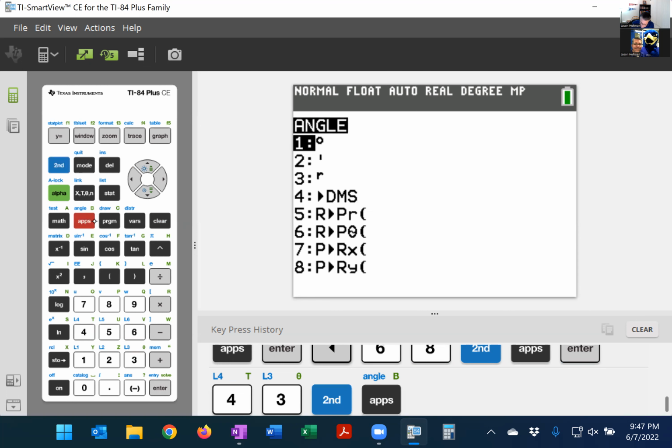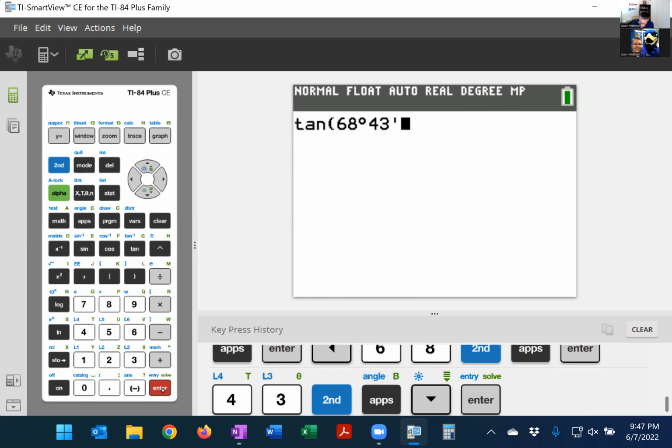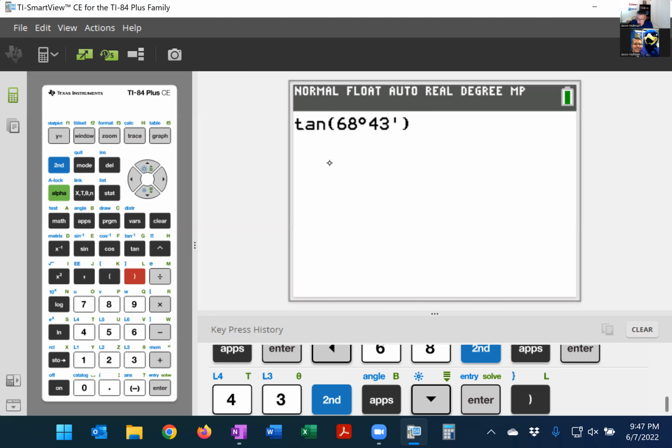Second angle, we'll go arrow down to 2 here and hit enter, and that's 43 minutes. As I work through these, feel free to pause the video and find the keys on the calculator. You can slow down the video and go frame by frame, because I'm going to do this pretty fast since I know exactly where the keys are.